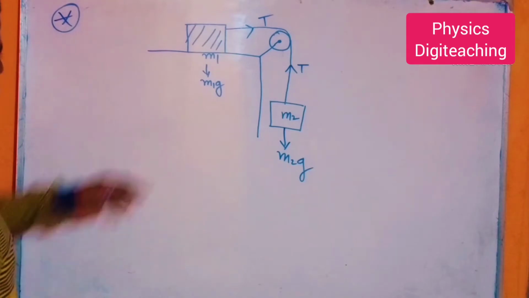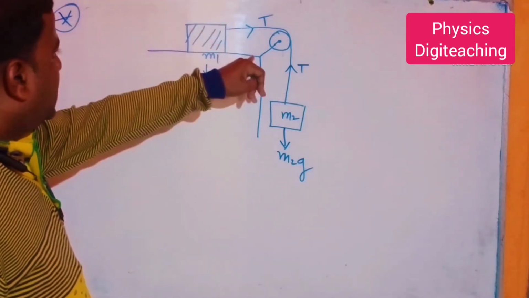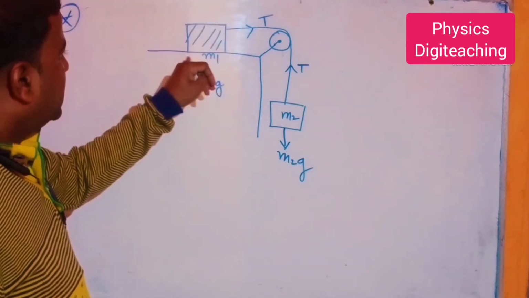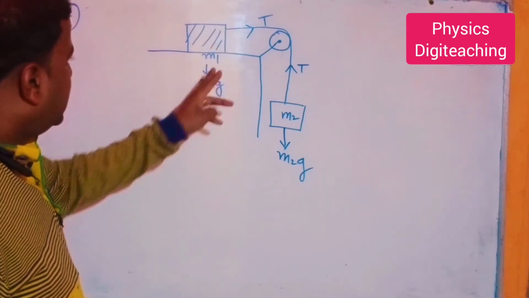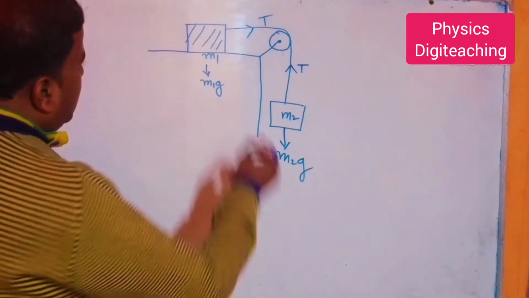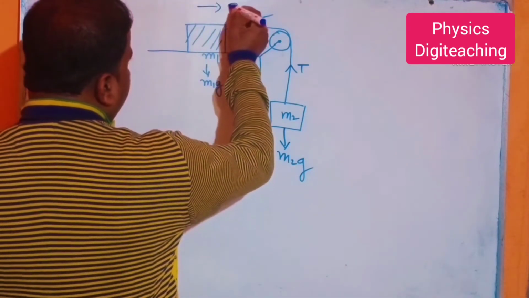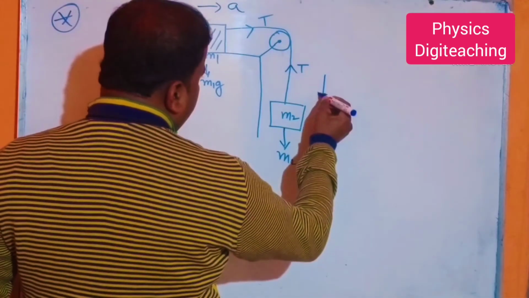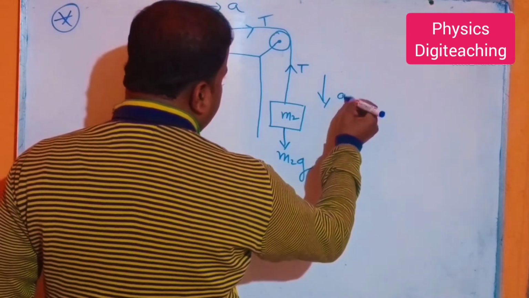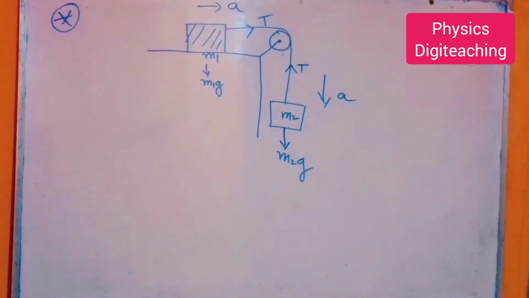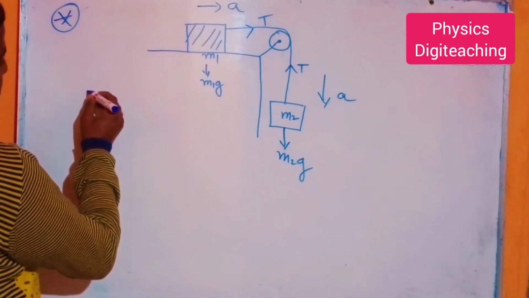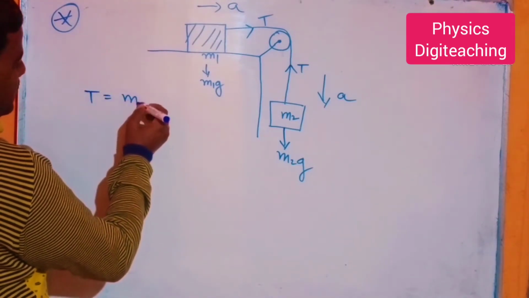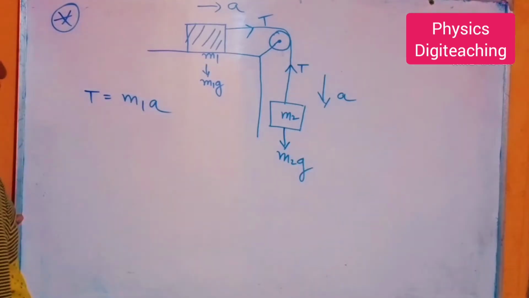Okay, here the table is smooth, therefore no friction acts here. Only the force on the mass m1 is T, and this moves with acceleration a, and this also moves with the same acceleration a. The equation of the mass m1 is T equal to m1 into a.